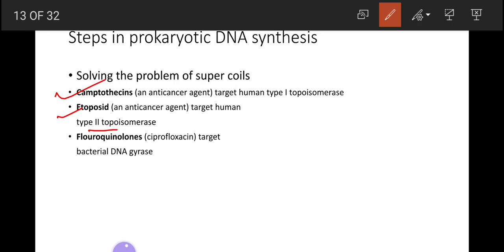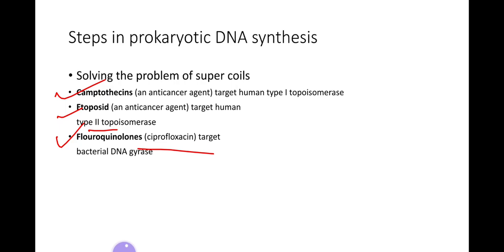And the bacterial DNA gyrase is a unique target of a group of antimicrobial agents called the fluoroquinolones, for example ciprofloxacin. So these are the two anti-cancer drugs, and the ciprofloxacin targets the topoisomerase enzymes.